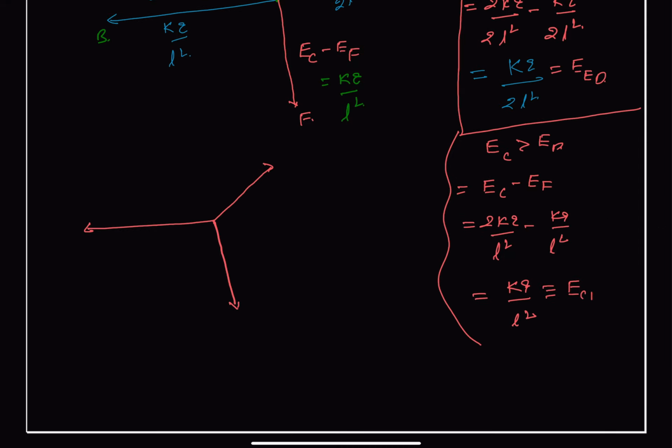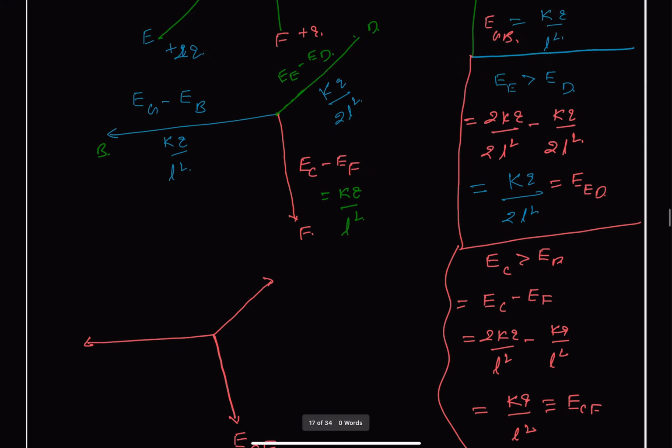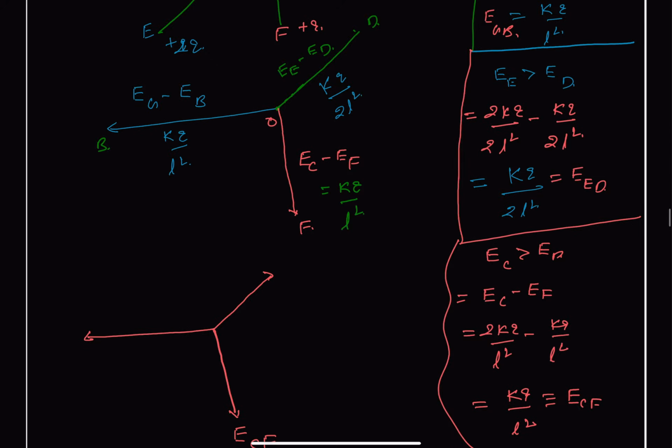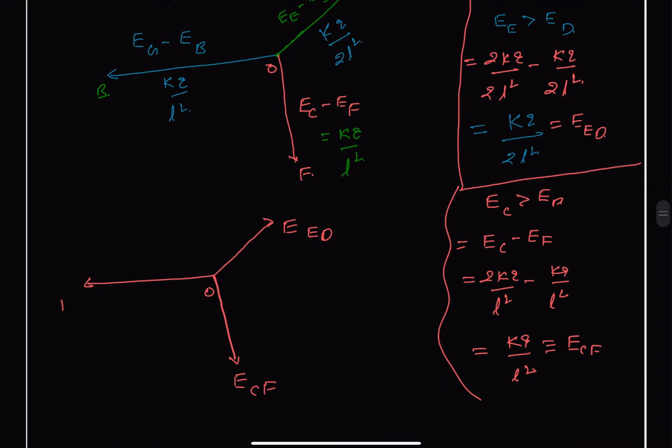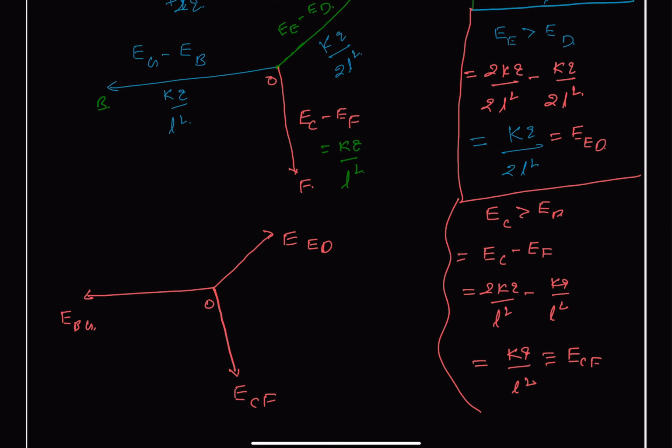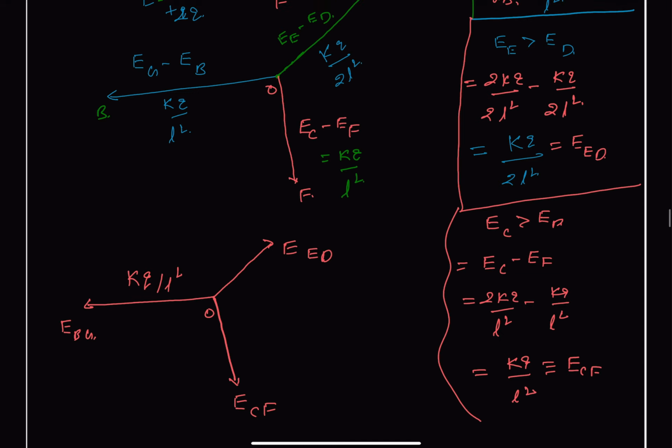So this is our ECF, and we are having this as point O, and this is our ED, and this is our EBG, and their magnitudes are kq upon L square, and here also we have kq upon 2L square, and this is our kq upon L square.